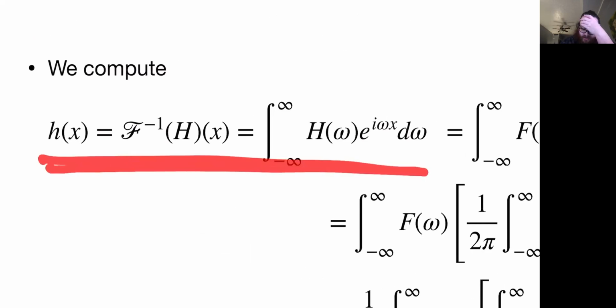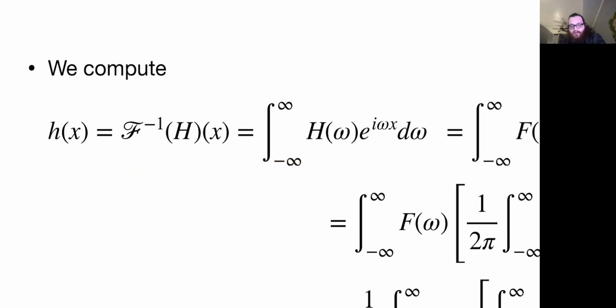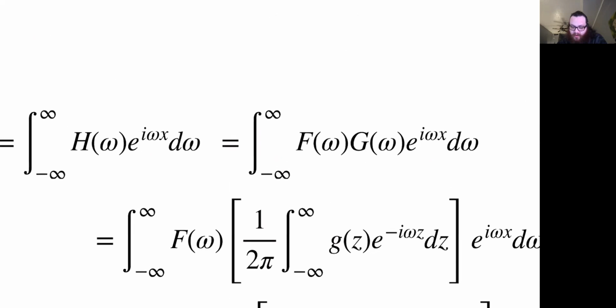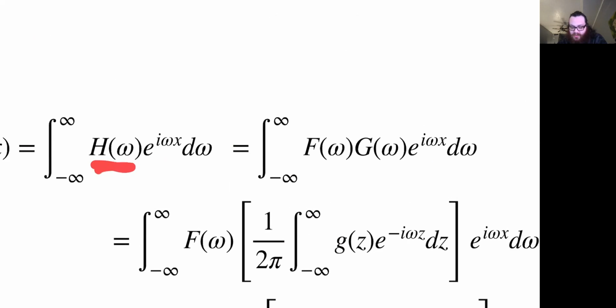This is all from the last slide. This is the function that we care about, the inverse Fourier transform of h, which by definition looks like this. So plug in what h is: a product of two Fourier transforms. Now we're going to explicitly plug in the integral representation for, say, g.